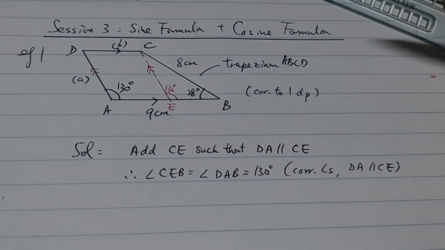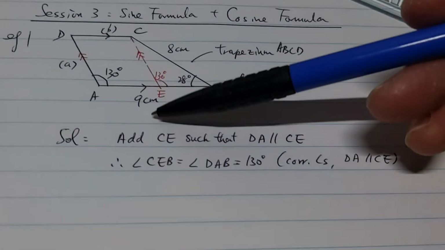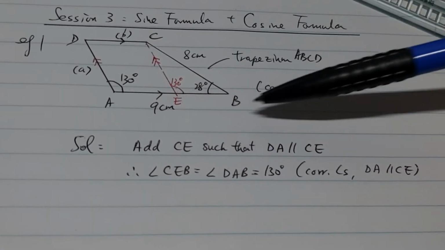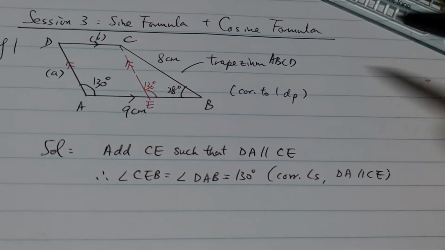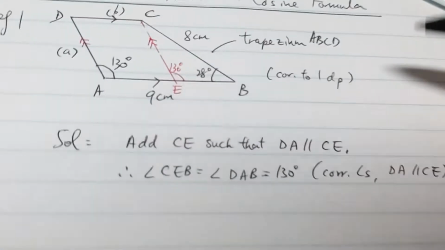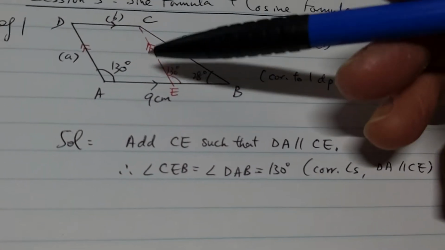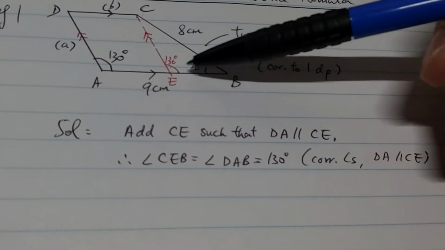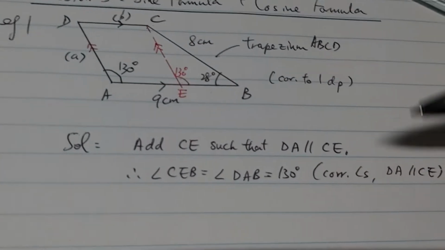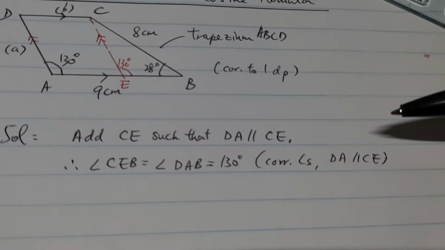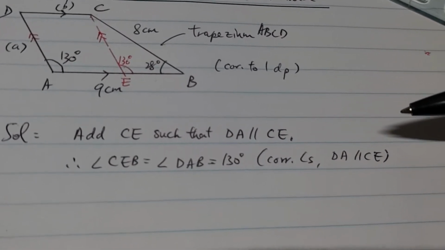We can write DA is parallel to CE, and then we get this information. Angle CEB is just angle DAB because of corresponding angles, DA parallel to CE.